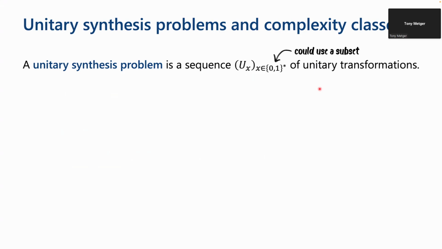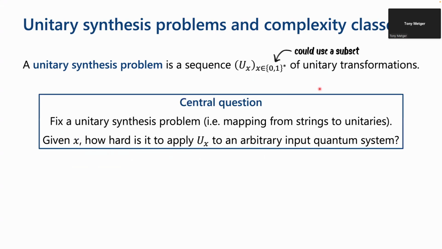Then the question is, having fixed a unitary synthesis problem, so having fixed this encoding, I give you a string x, how hard is it to apply the corresponding unitary U_x to an arbitrary input quantum system? So I give you the string, I give you some quantum system, you're meant to apply U_x, how hard is it?